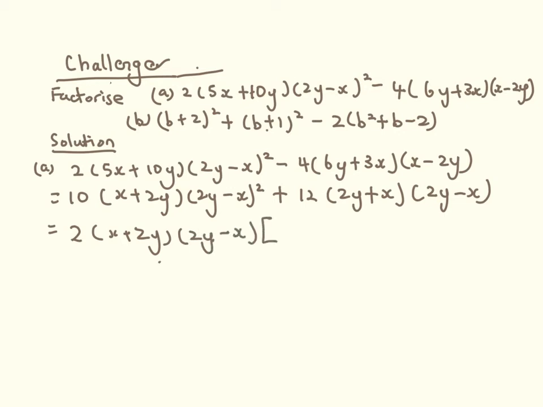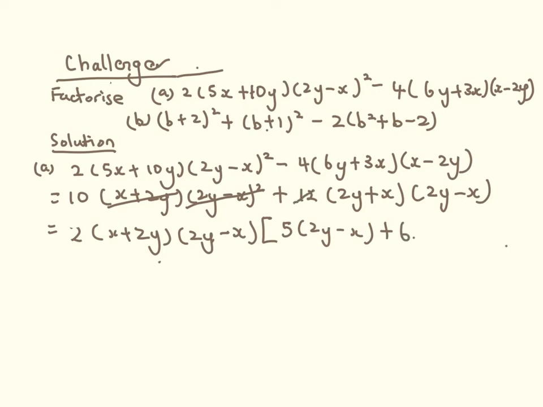So that will make this 10. 2 times what will give you 10? So that will be a 5. And then this bracket has been taken out. Now this bracket, remember there are 2 of them. You take one out, so there's one remaining inside. Plus 5 at 12, you took out 2 as a common factor.